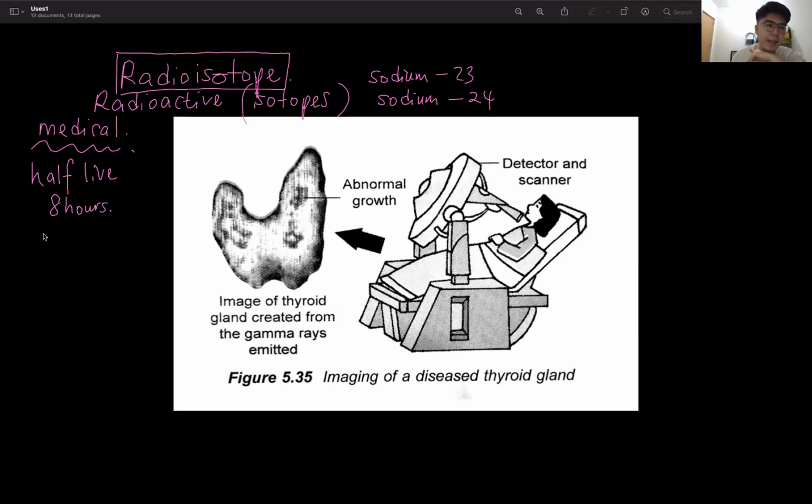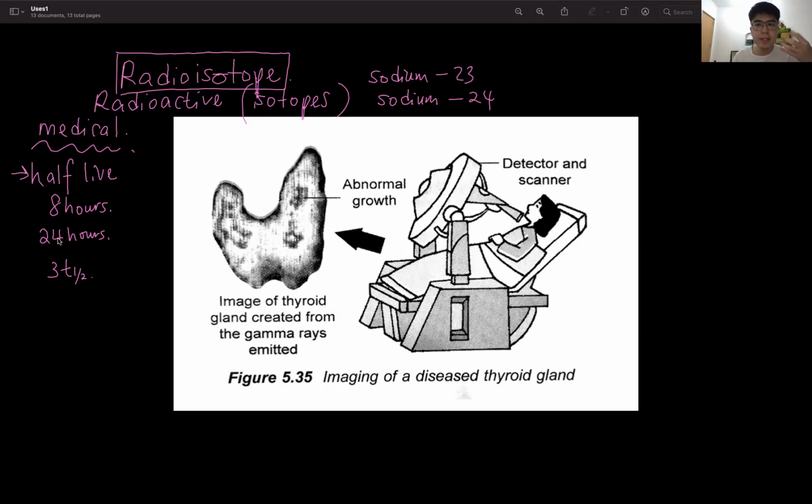Meaning that in one day, 24 hours, it would have decayed 3 half-lives, and the dose becomes very small already. So they let you swallow a radioactive substance that has a short half-life.